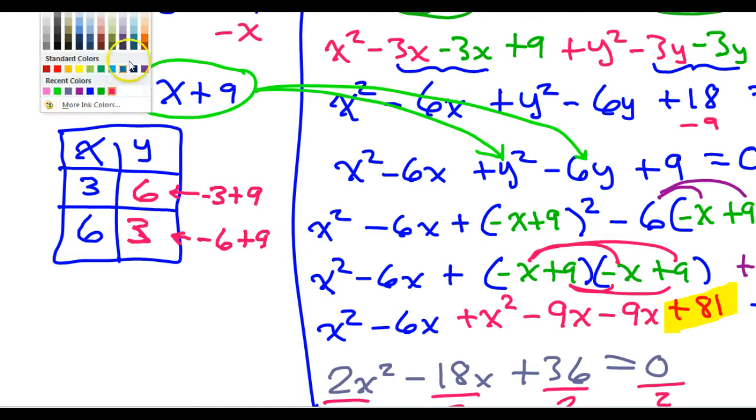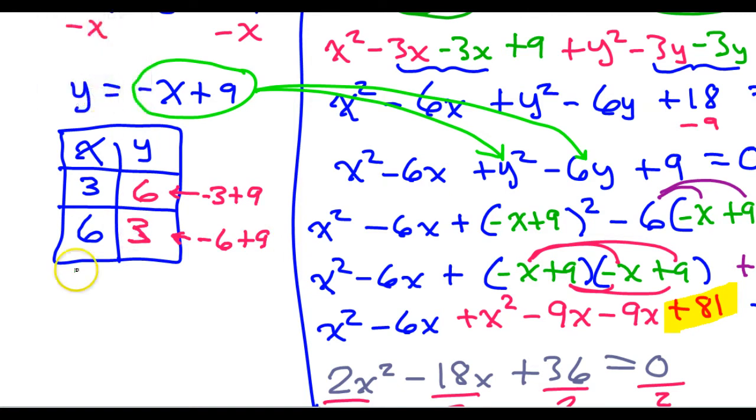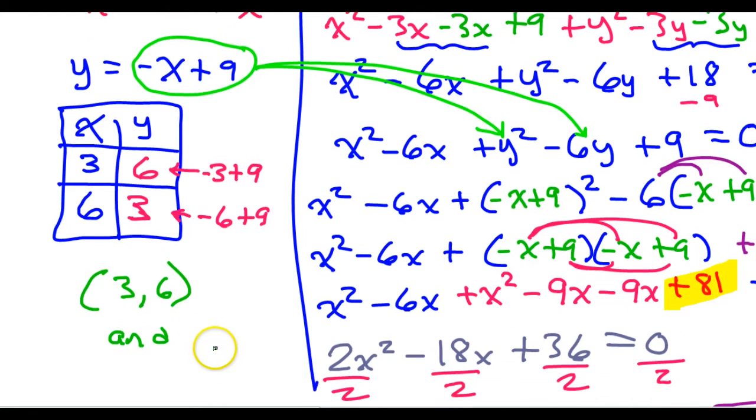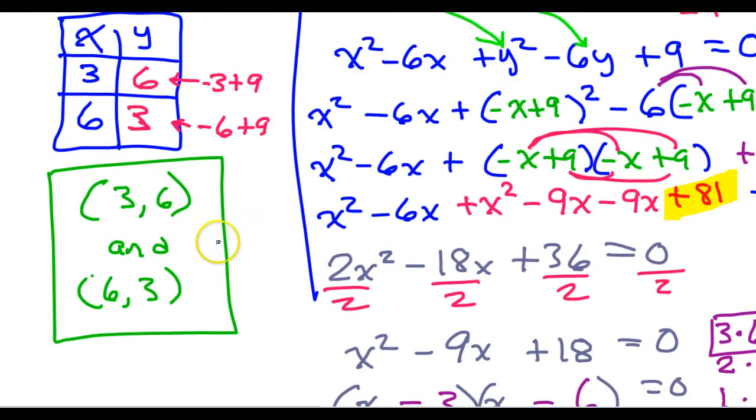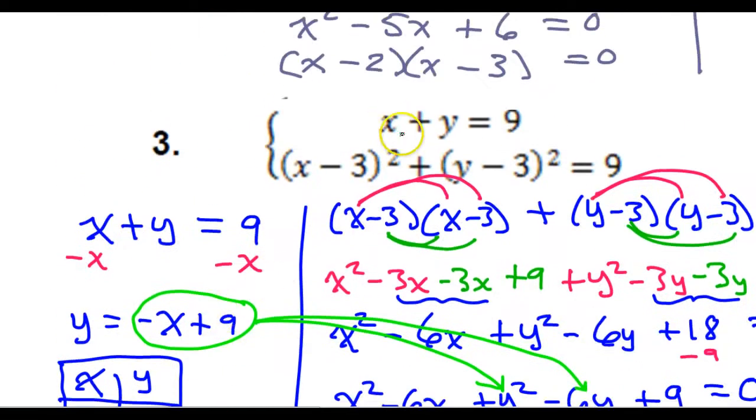All right, so what I'm seeing is we have these two solutions, 3, 6 and 6, 3. So that is how you solve a system algebraically when you are dealing with a circle and a line.